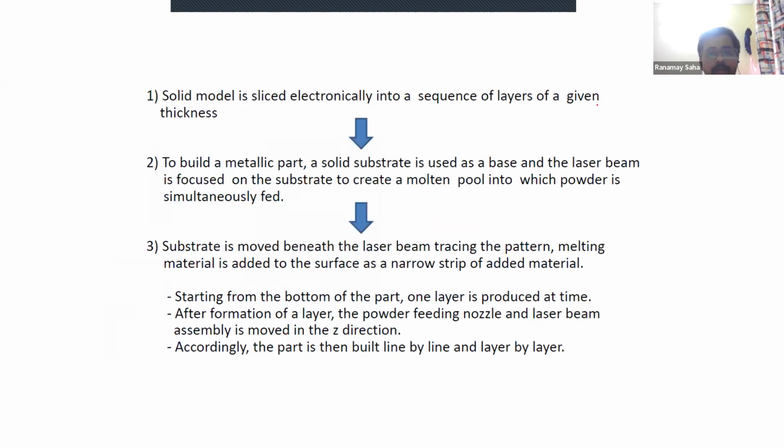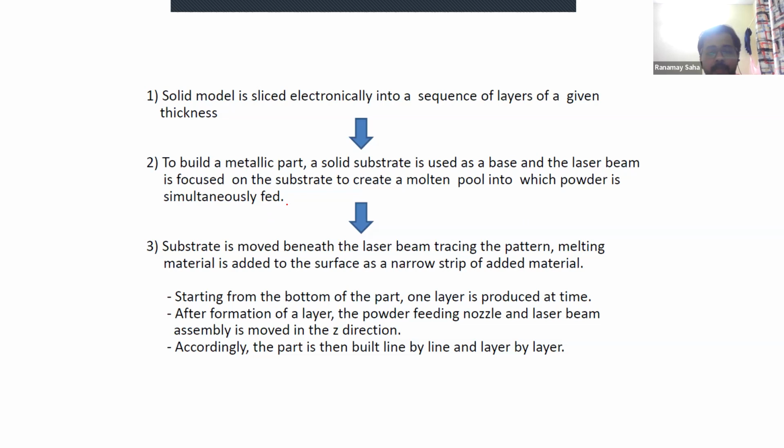So going to the steps, first the solid model is sliced electronically into a sequence of layers of a given thickness. Okay, and then to build the metallic part, the solid substrate is used as a base, and the laser beam is focused on the substrate to create a molten pool into which powder is being simultaneously fed.